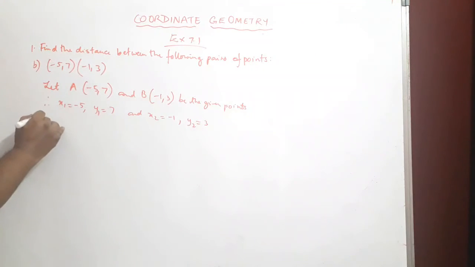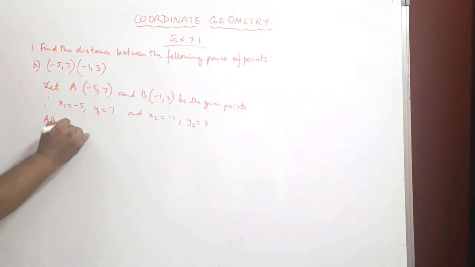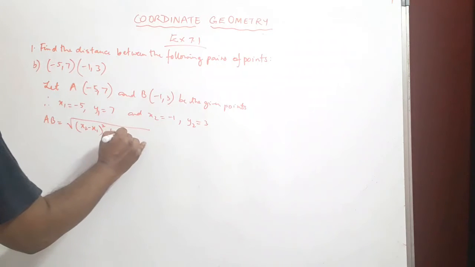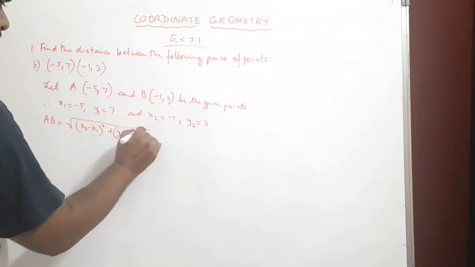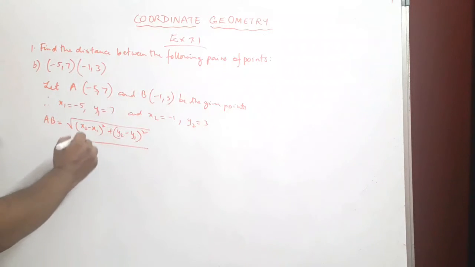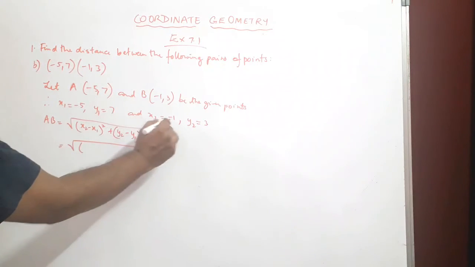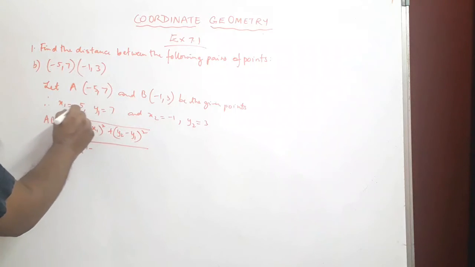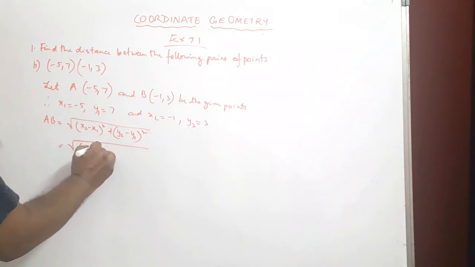Now let's find out the distance between AB. So AB equal to, write down the distance formula, which is square root of (x2 minus x1) whole square plus (y2 minus y1) whole square. Let's substitute the values of x and y here. What is x2? x2 is minus 1, minus x1, x1 is minus 5.